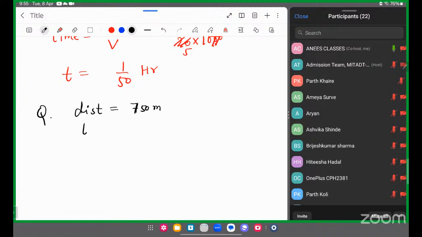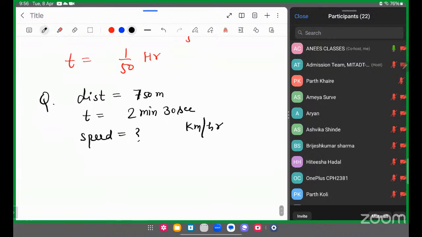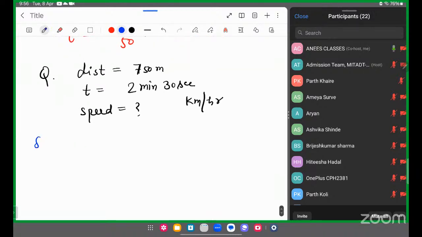Time taken by him is 2 minutes 30 seconds. You have to find out the speed in kilometer per hour. What will be speed in kilometer per hour? Yes. Solve it. How will you solve it?